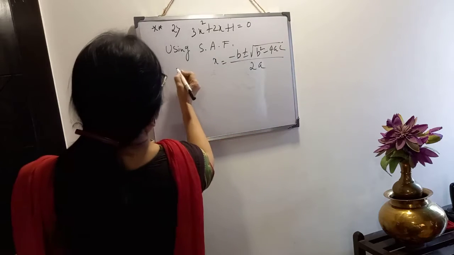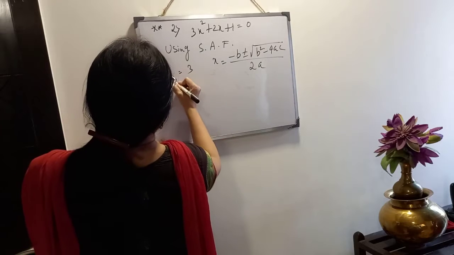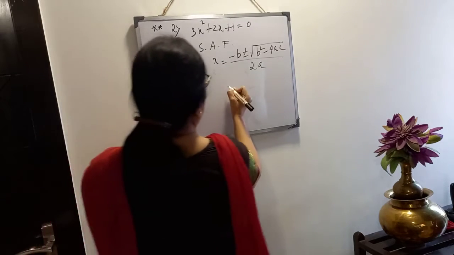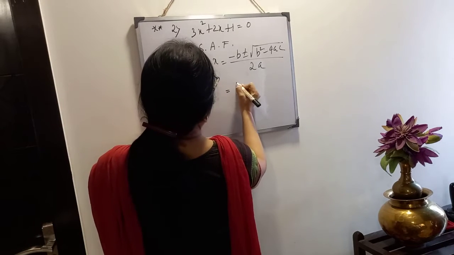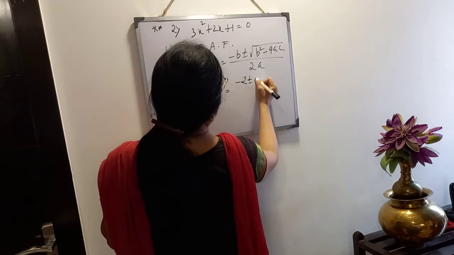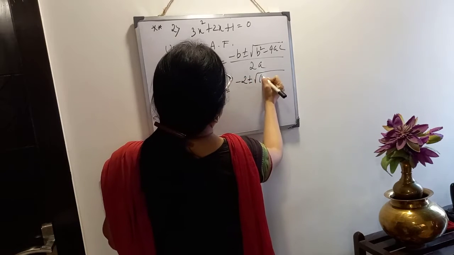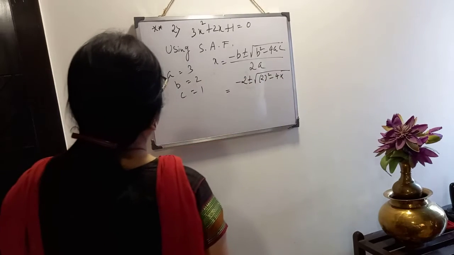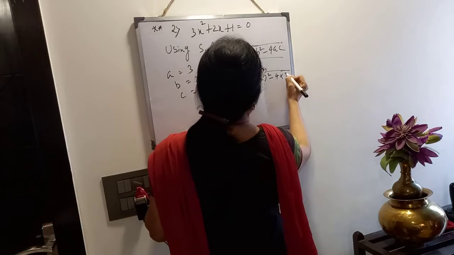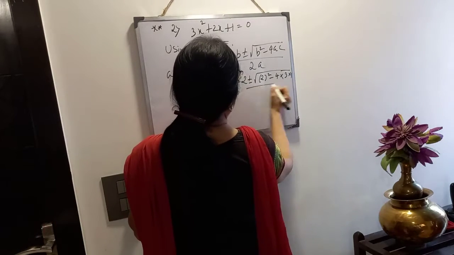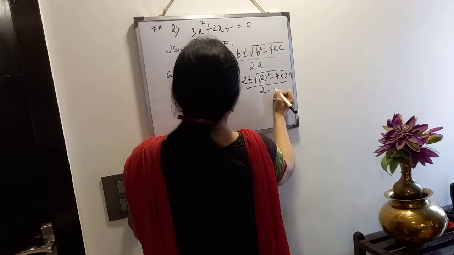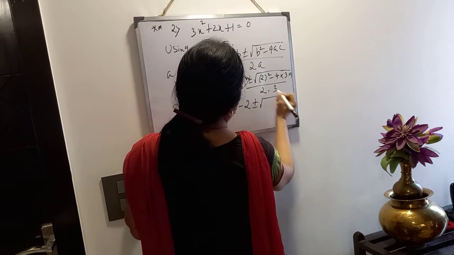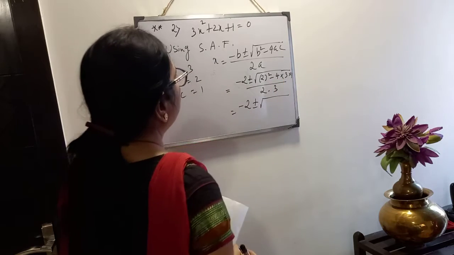Now see, what is your a? Write down here 3, b is 2 and c 1. Here, now we will put the value minus 2 plus minus root over 2 whole square minus 4 into a means 3 c 1 by 2 into 3, minus 2 plus minus root over 4 minus 12.